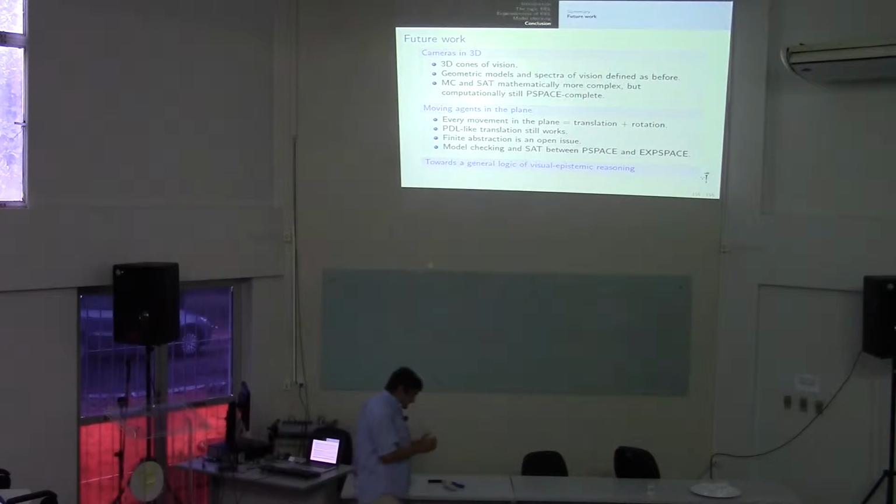So the general problem that arises here is, first, how to represent in the best possible way, in a symbolic way, the relevant visual information that comes our way, or the way of the agents, and ignore the irrelevant information.